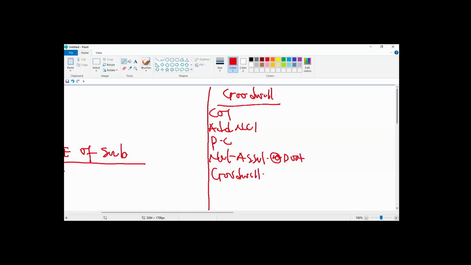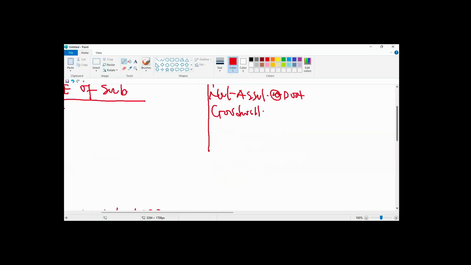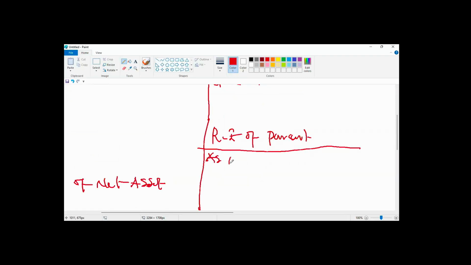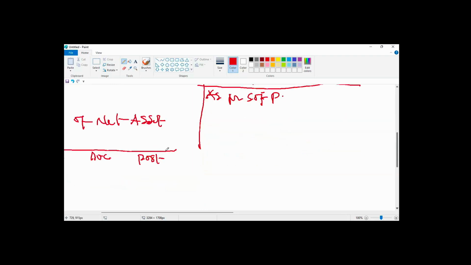Then retained earnings of the parent, as per SOFP. Then I need the NCI calculation, NCI at date of acquisition.